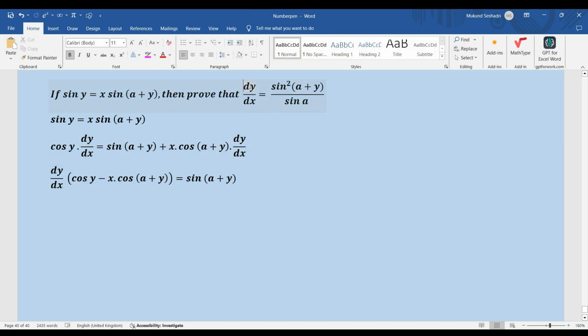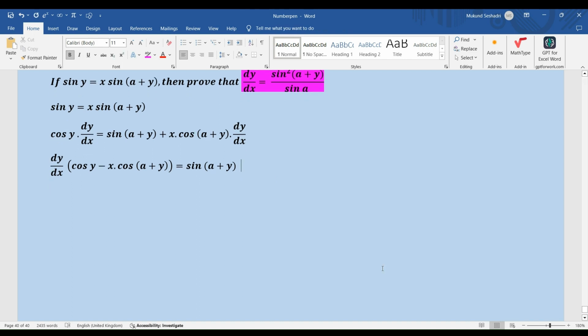Now look at what we've been asked to prove. I'm just going to highlight it and say pink. I have a sin²(a + y) the whole divided by sin a, right? Which means my dy/dx is devoid of x. It has got only a y and a constant a in the final expression, right?